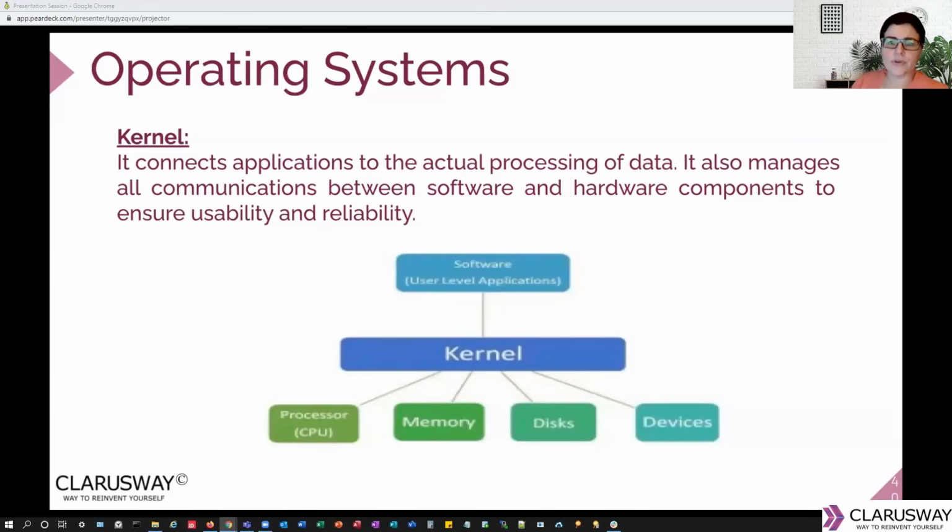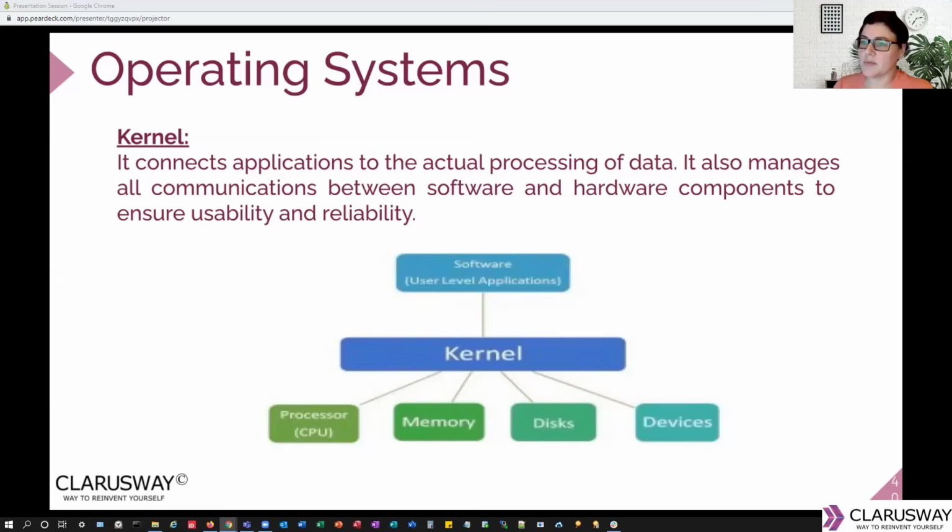Okay, so the kernel manages communications between the software and hardware components. Where you have the shell, that is actually our interface to the kernel, right? So the kernel is connecting applications to different components of the operating system, maybe connecting applications to other applications if necessary.